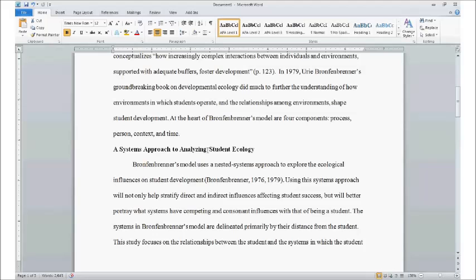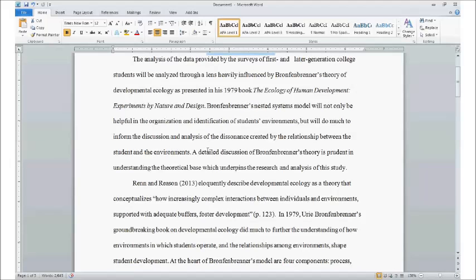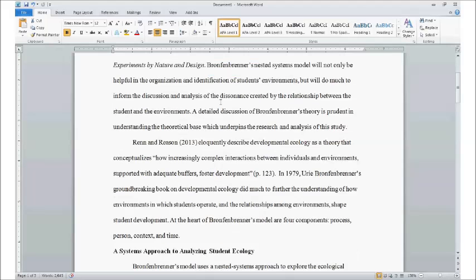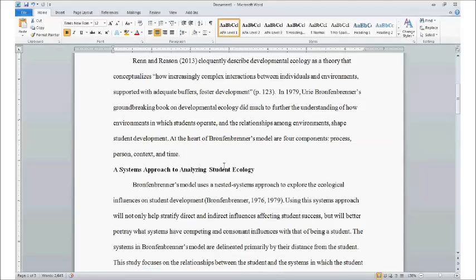And I should go back and show you that within my theoretical perspective, developmental ecology is the theoretical perspective that I use. Okay, so within the larger body of developmental ecology, I need to be a little more specific and describe the systems approach to analyzing student ecology that I'm going to use. You can see where this illustrates how the headings and subheadings are a hierarchical model.